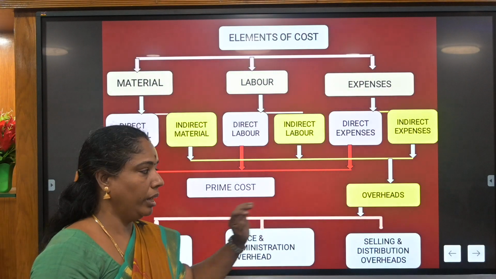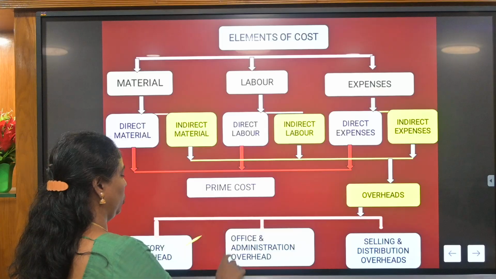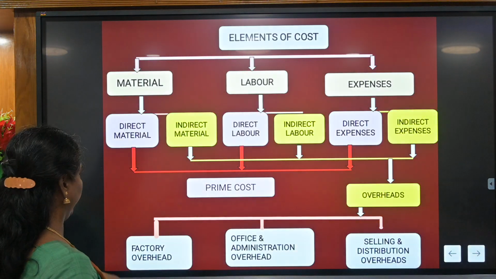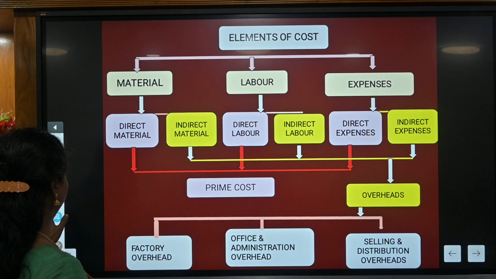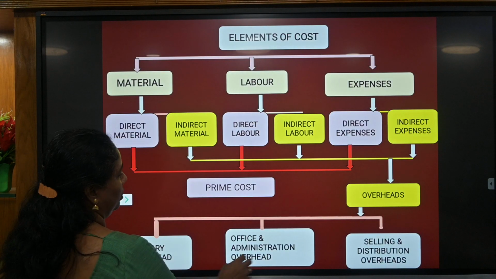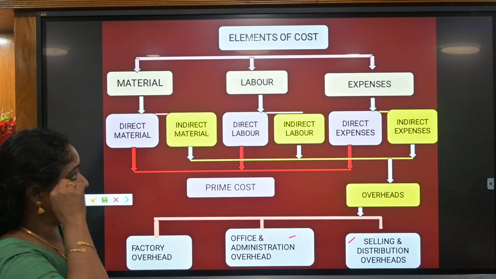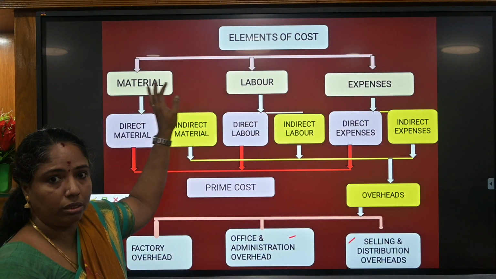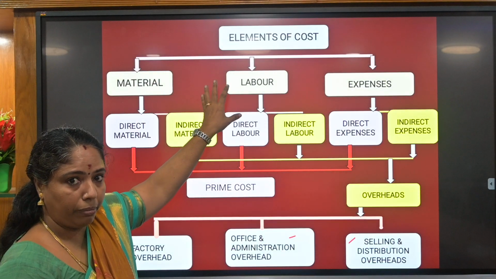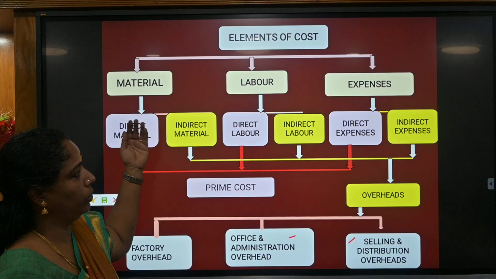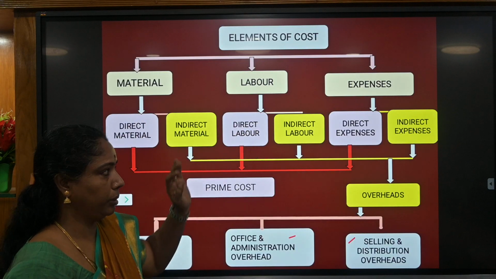This overhead is further subdivided into factory overheads, office and administration overheads, then selling and distribution overheads. So again I am repeating: elements of cost are material, labor and expenses. These are further divided into direct and indirect.